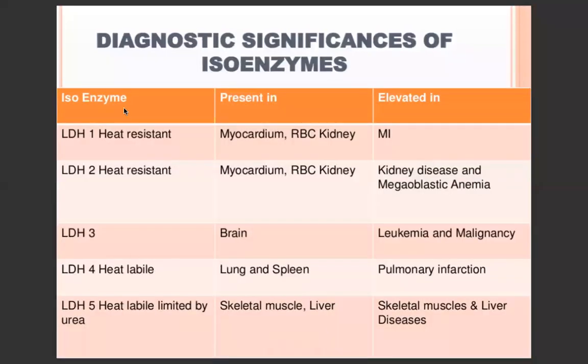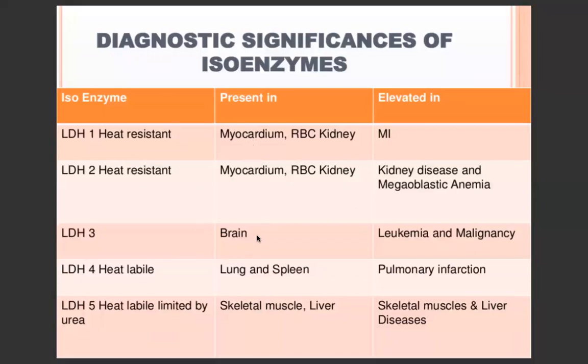Isoenzymes. What are isoenzymes? Enzymes are further classified into isoenzymes. For example, LDH has various isoenzymes like LDH1, LDH2, 3, 4, and 5. LDH1 is present in myocardium, RBC, and kidney. LDH2 is also present in myocardium, RBC, and kidney.